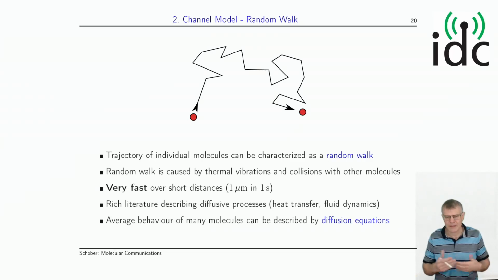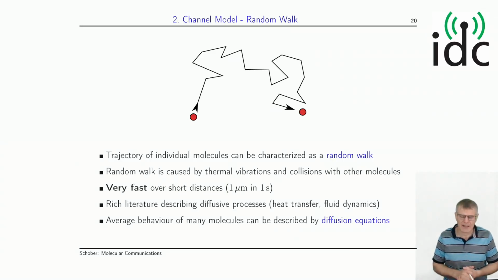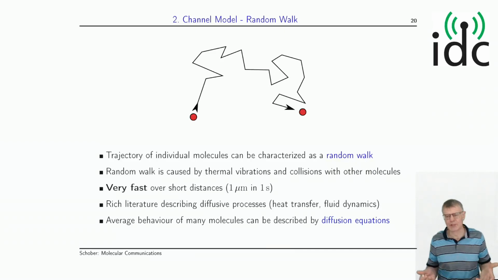So for this, there's a very rich literature on diffusive processes, because diffusion plays a role in other areas as well, such as heat transfer or fluid dynamics, that are much more established than molecular communications. This literature can be exploited, of course, and should be used for modeling such systems.